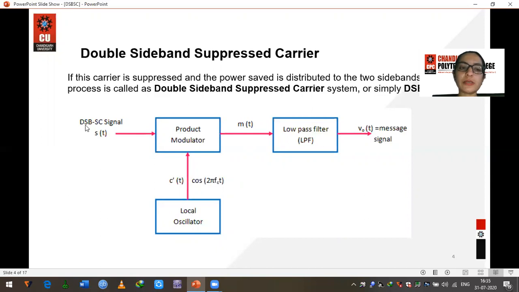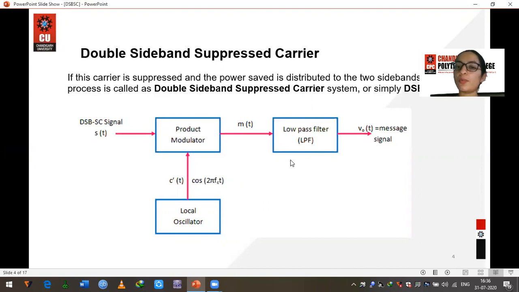Here a double sideband suppressed carrier signal is given to a product modulator as an input. On the other hand, a local oscillator generates a high frequency signal. Both signals are multiplied by the product modulator, and at the output we get a modulating signal.